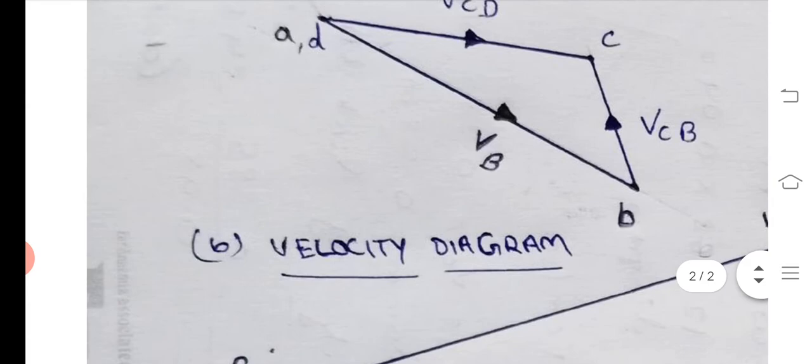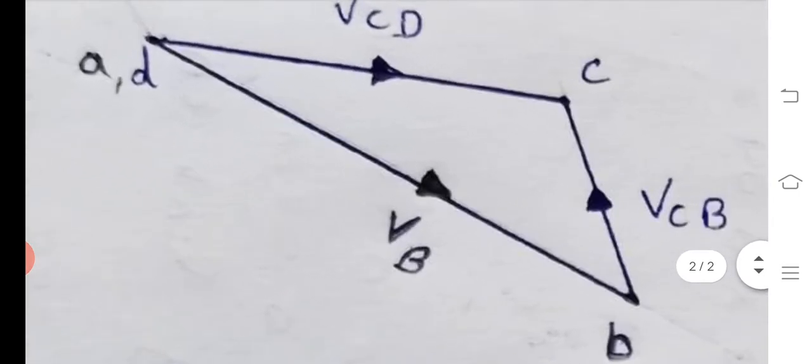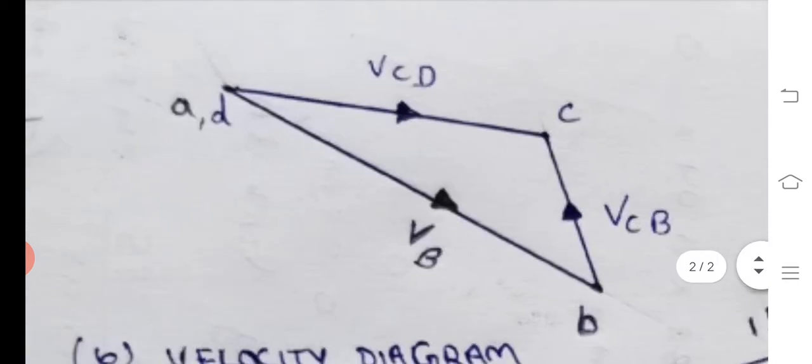So this line is showing a vector parallel to VB which we have drawn in the space diagram. This vector is showing the velocity of point B with respect to A. As D is also a fixed point, we have taken the same point. Whatever the fixed point is, it should be taken similarly on the velocity diagram.